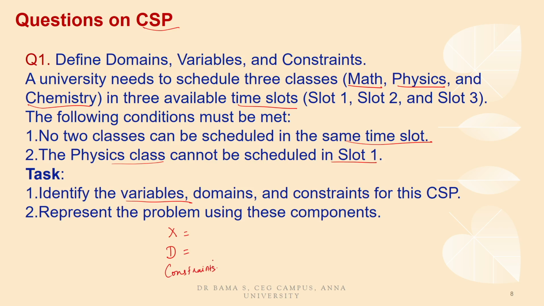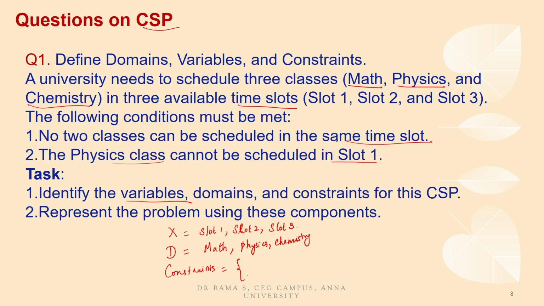For this problem, the variables are going to be slot 1, slot 2 and slot 3, and the domain is going to be math, physics and chemistry. The constraints, there are 2 or 3 constraints that are given.